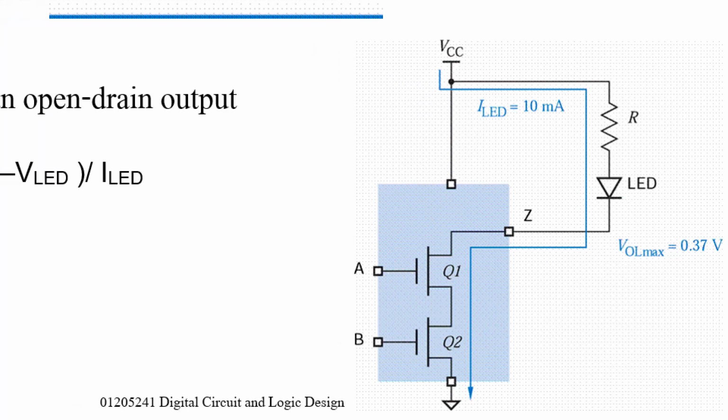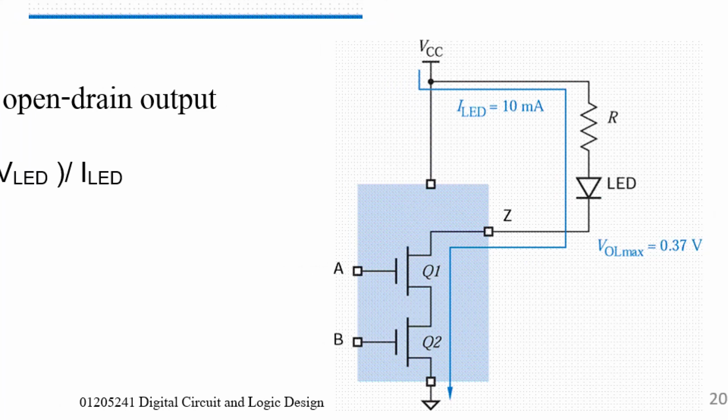If I want to calculate the value of the resistor that is suitable to make the LED turn on, say the suitable current for the LED is around 10 milliamp.